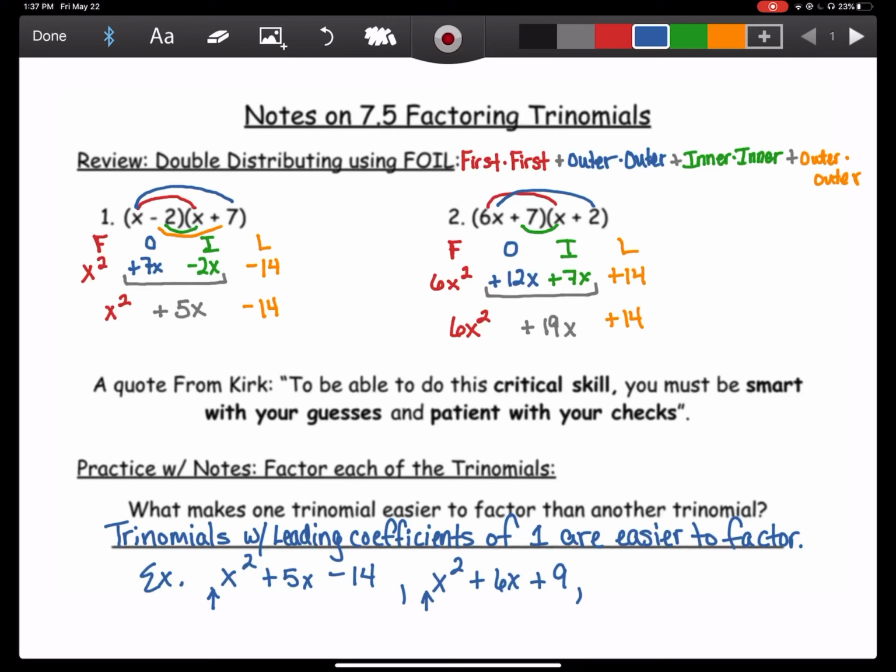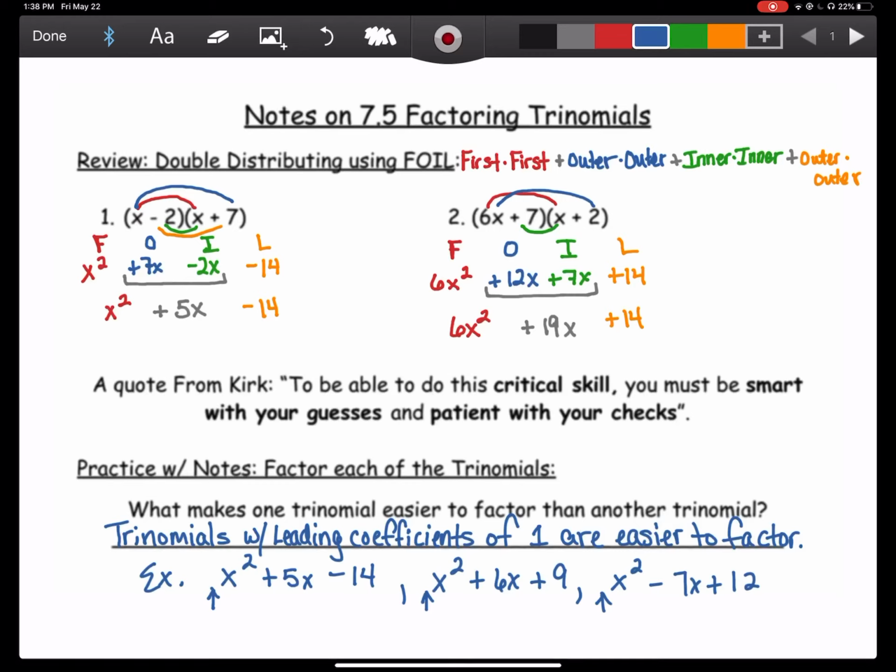That has a leading coefficient of 1. And one more example is x squared minus 7x plus 12. That also has a leading coefficient of 1. So these all have that in common. They all have leading coefficients of 1, and that makes them much easier to factor.